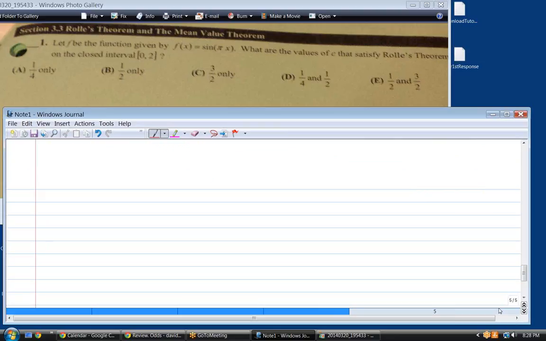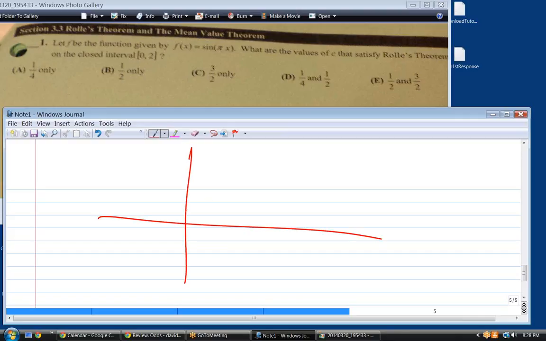You go looking for where it's 0. It's going to be where on the curve, let's draw that curve. It is a sine function that has been compressed horizontally. And what we're looking for on the interval 0 to 2, where is the slope equal to the average slope?